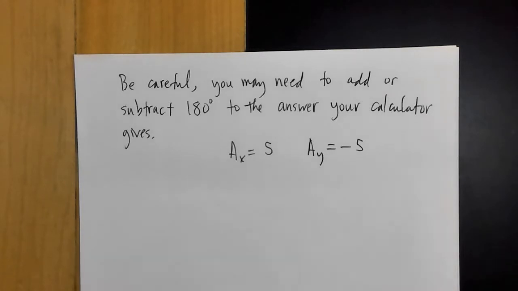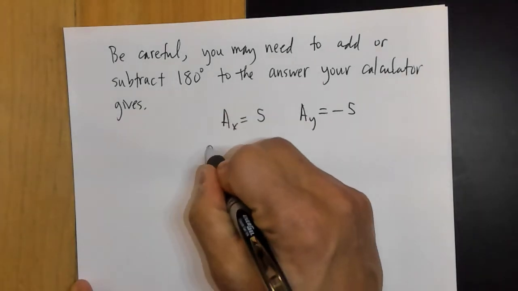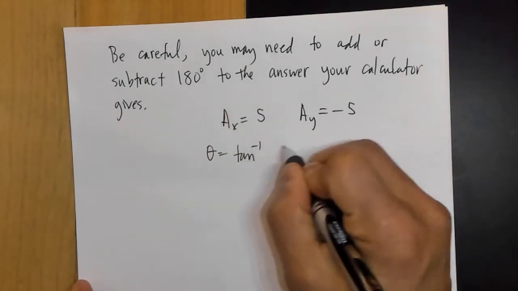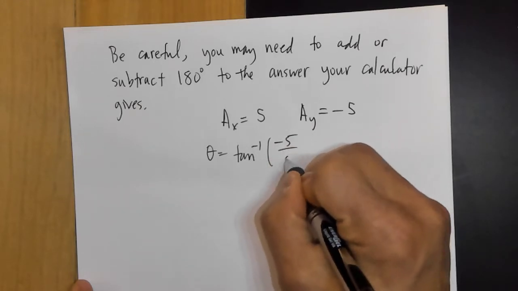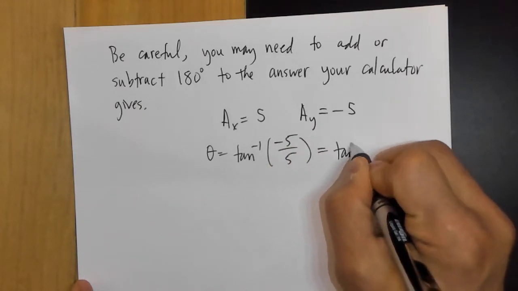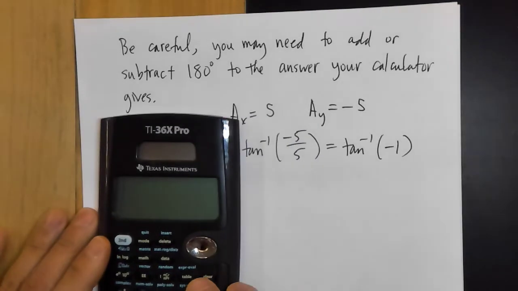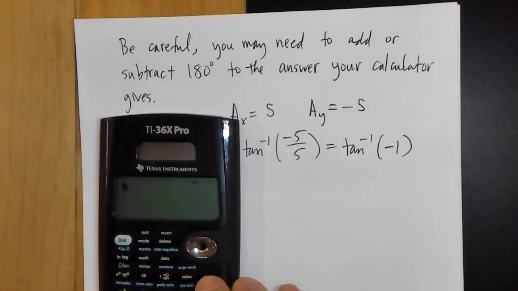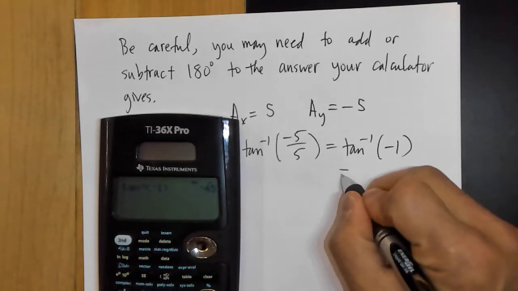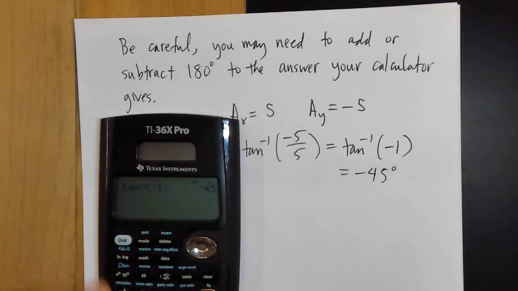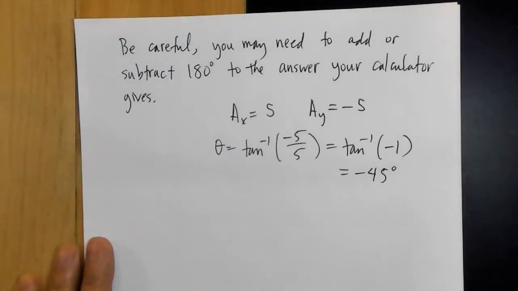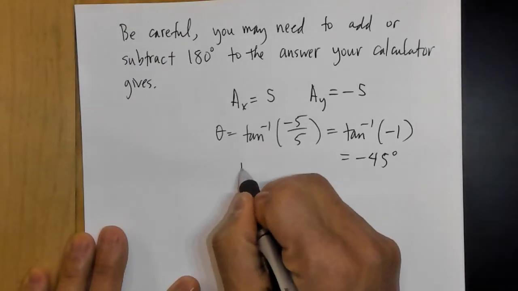Now what I will do is theta is equal to inverse tangent of ay, which is minus 5 over 5. So inverse tangent of minus 1. Now let's do that. And then I get minus 45 degrees. Now, question is whether I should trust that or not.